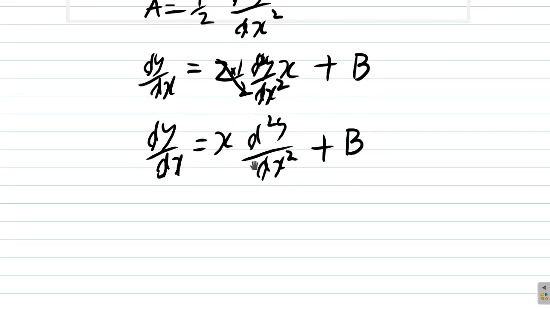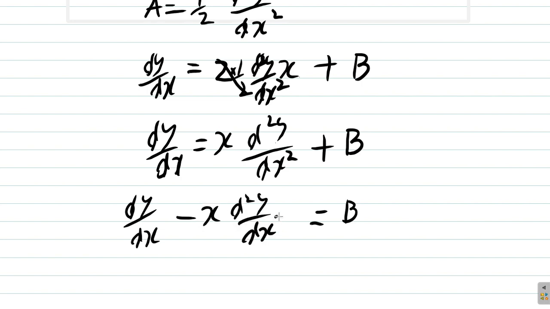Let's transpose this for b. What would we get? Well, if we subtract the x d squared y by dx squared from both sides, we'd have b is equal to, going from right to left, dy by dx minus x d squared y by dx squared. So that is what b is.